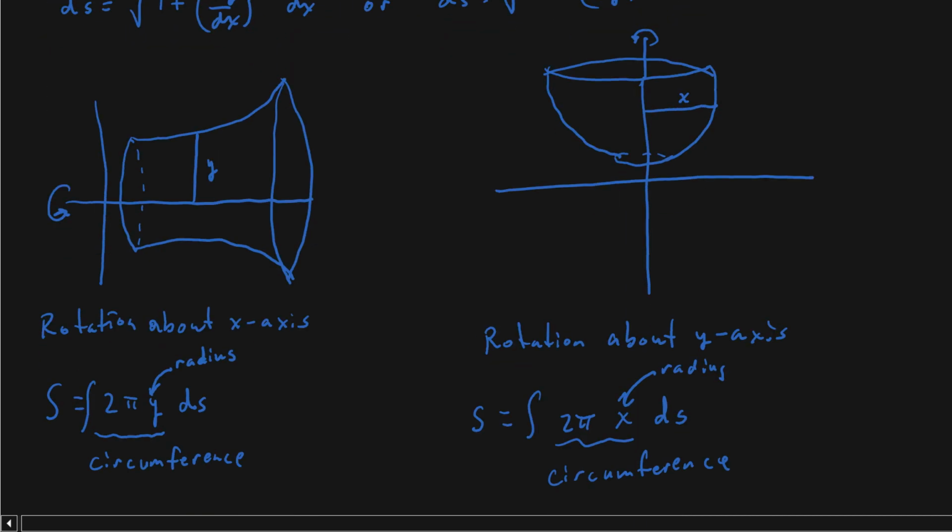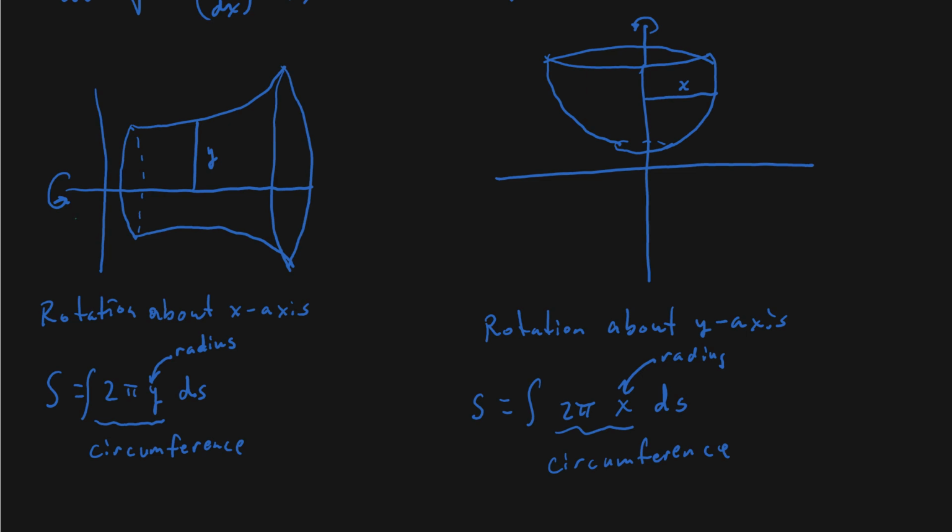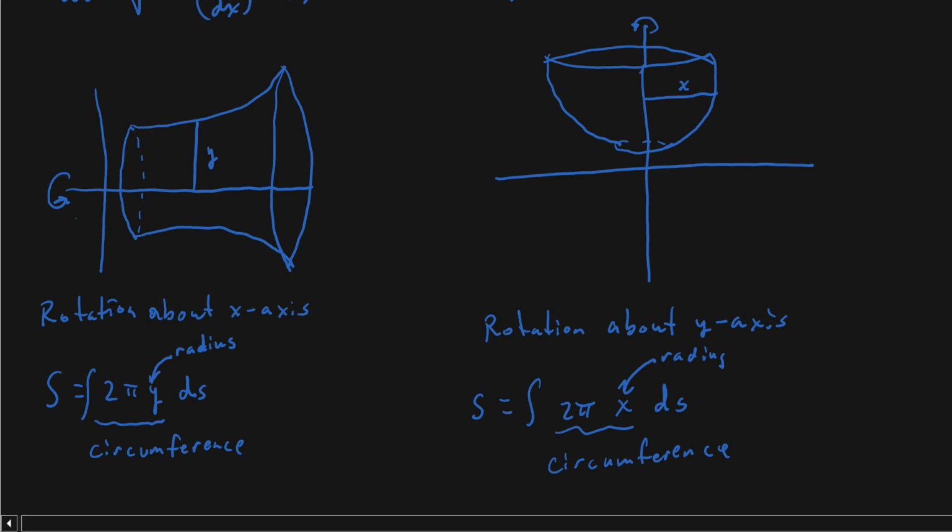So basically, here are your formulas, and you've got your graph, your figure, and it's rotated. This one's rotated about the x-axis. So you can see that this y here is your radius from the axis up to the graph. And then the 2 pi y, that's just the circumference of it.